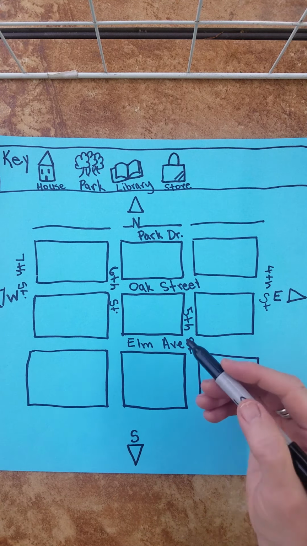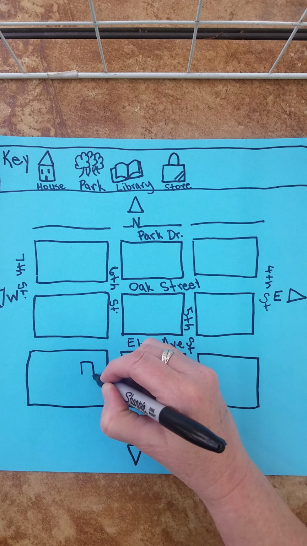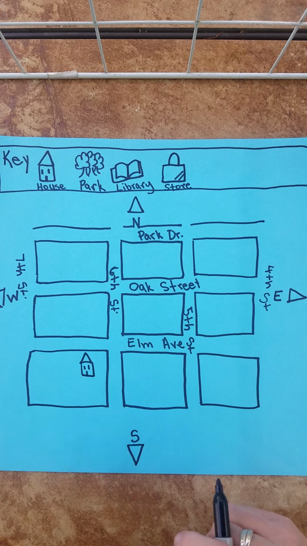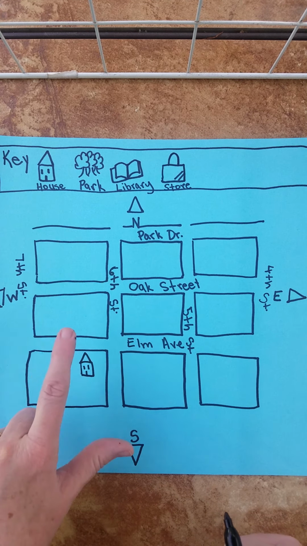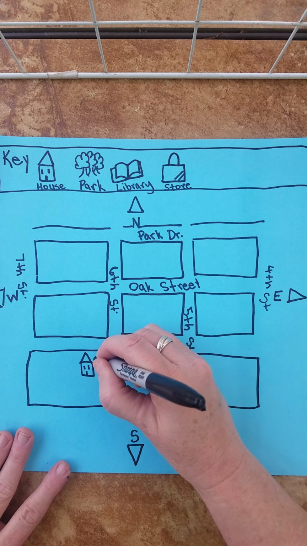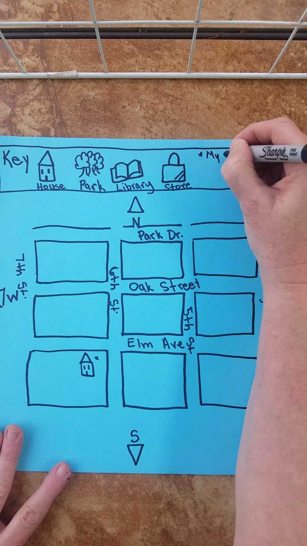All right, so I lived at the corner of Elm and 6th. So here's my house. Now remember, we know that's a house because of that. Now, if I want to tell you whose house that was, I can put a little star next to it, and I can say my house.